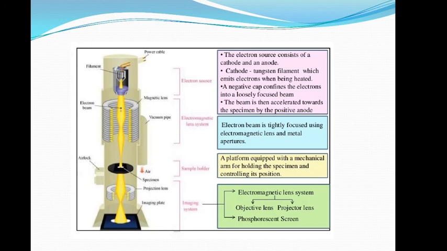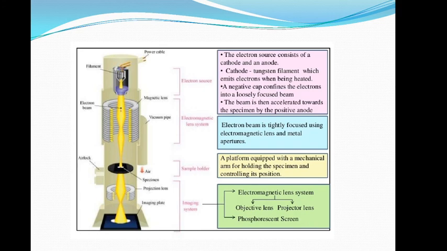About TEM, you have to understand these points. About the electron source, the original form of the electron microscope is the transmission electron microscope, and it uses a high voltage electron beam to create an image. So we need a high voltage electron beam.